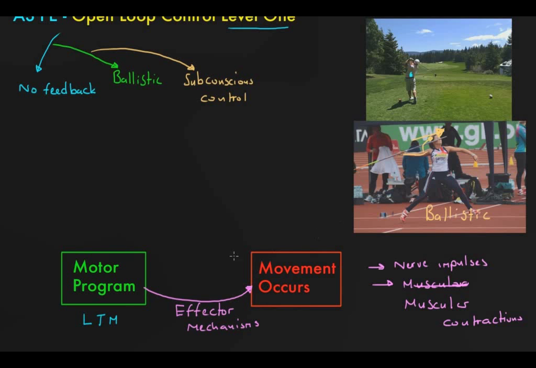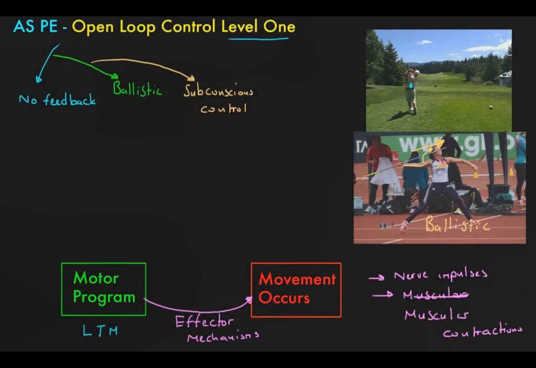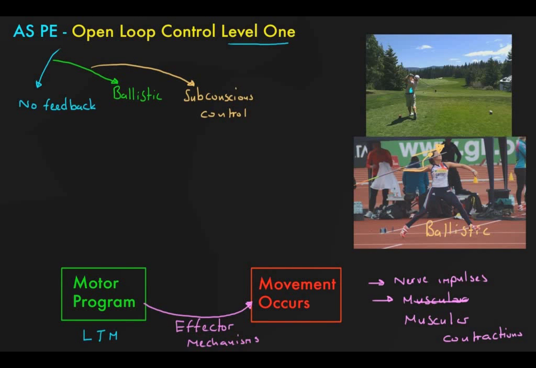Now, the interesting thing is that while the movement is occurring, there is no feedback back to the memory taking place. That is not possible, which is why we get this idea of an open loop. There is not the second half, if you like, the second semicircle of the loop backwards. It is open, and that's why we get this open loop level 1 control.